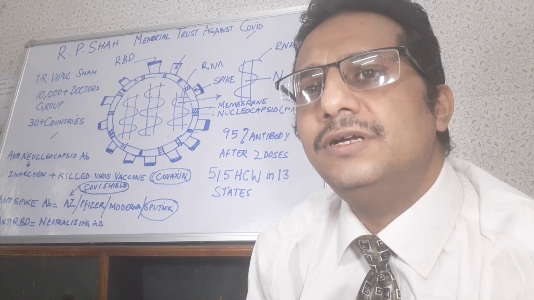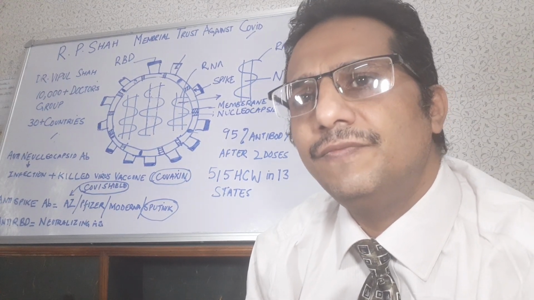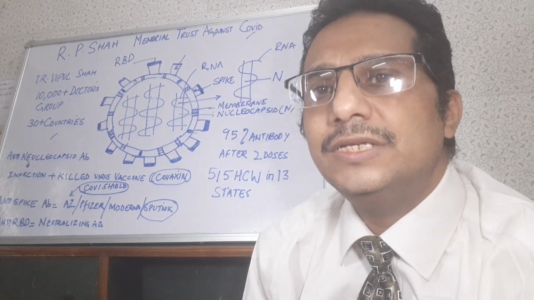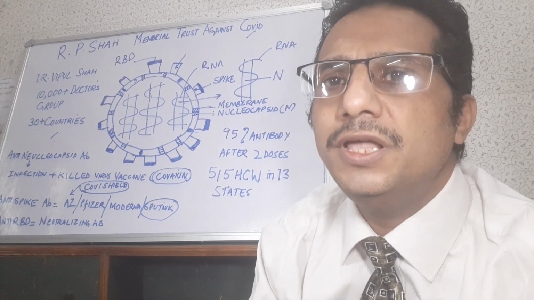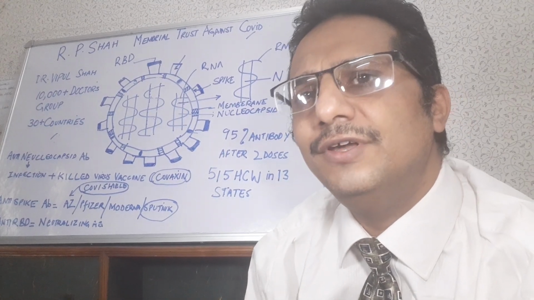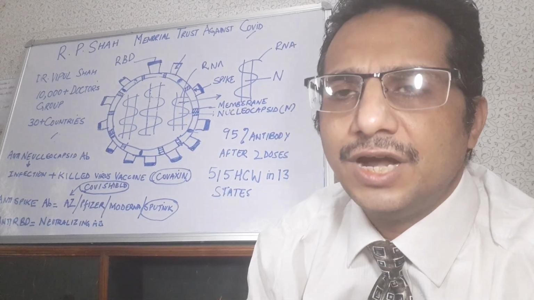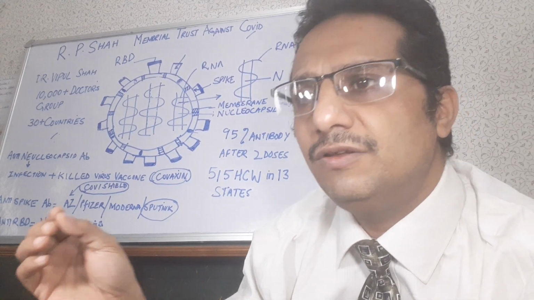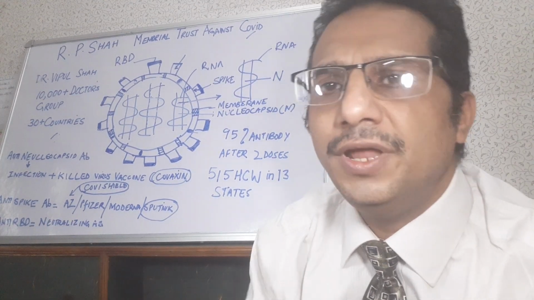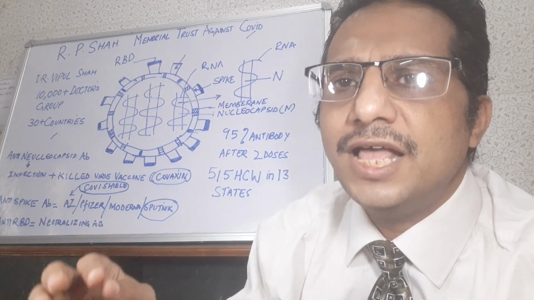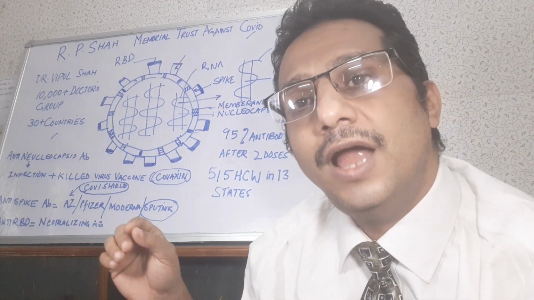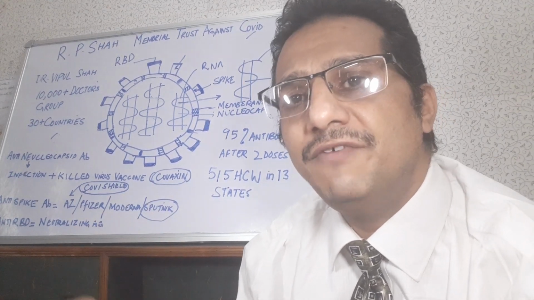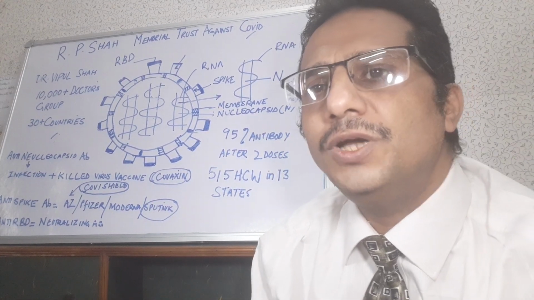For example, during the SARS and the MERS pandemics, the antibodies reduced after 5-6 years. There were studies done, but the T cell, which keeps remembering what virus it has been exposed to, has been found to be active even up till 17 years.